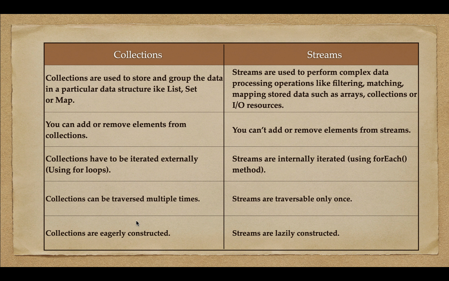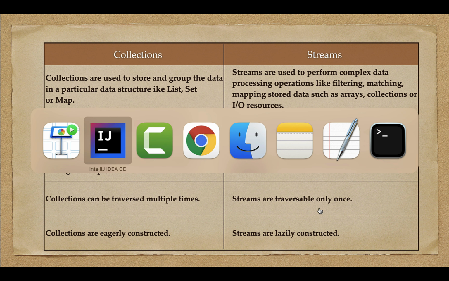Collections are eagerly constructed. It means whenever we create a list, set or map, all the elements are computed at the beginning itself, right? On the other hand, streams are lazily constructed. It means that in a stream we have two types of operations, intermediate operations and terminal operations. And until and unless the terminal operation is called, the intermediate operations cannot be completed.